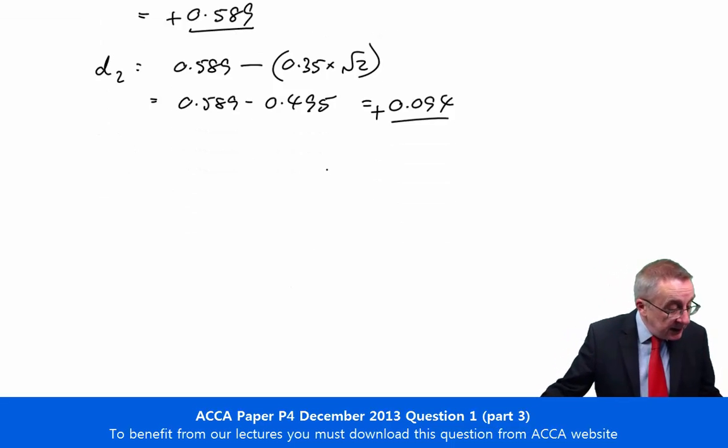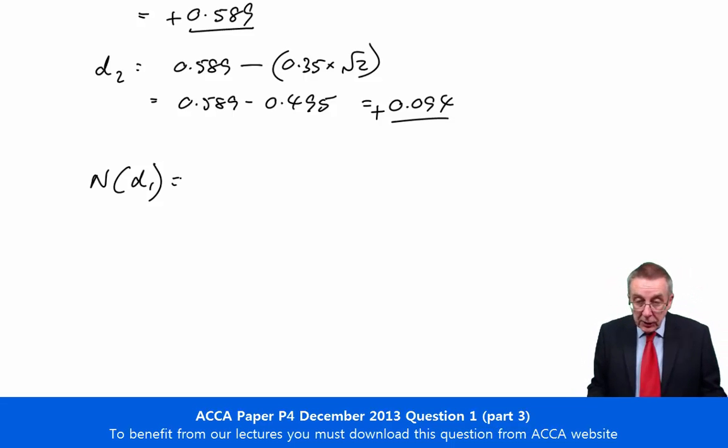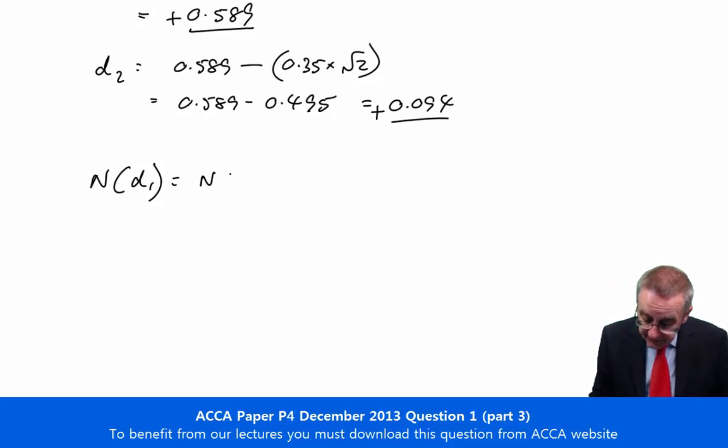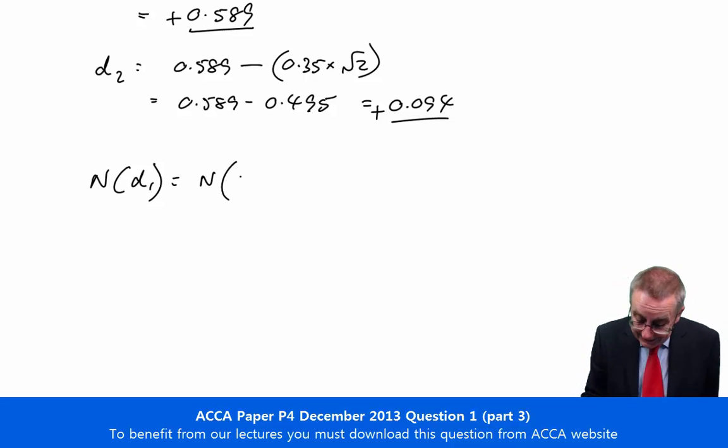To be able to do C, we need N(D1) and N(D2). Well, N(D1) is looking up in the normal distribution, and D1 was 0.589.